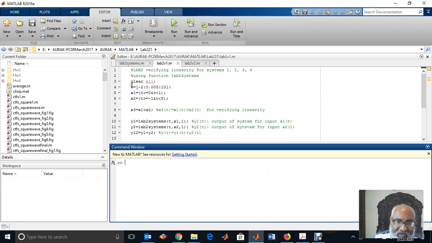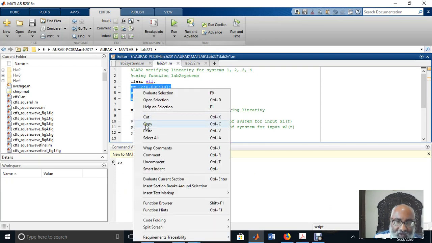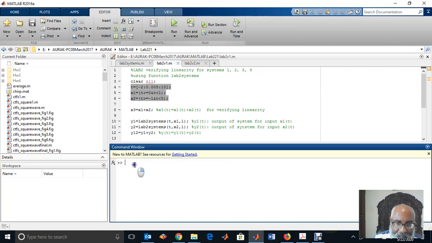Let me take this directly from this one. I copy it and take it to the MATLAB command window, paste. Okay. Now let's plot x1. Plot t versus x1, and let me make it black color.